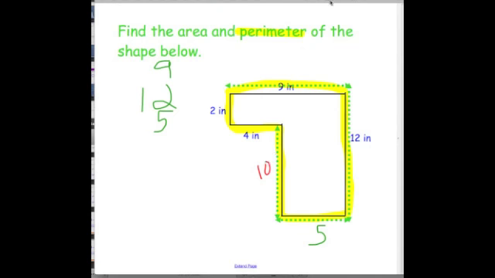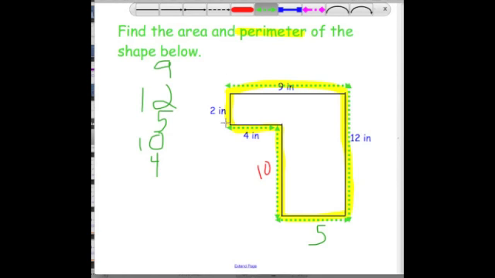And we can add 10 over here because we walked 10 more inches. And now we're going to keep walking around our figure. We're going to walk 4 inches this way. And then to finish walking our figure, we're going to walk up this 2 inches here.